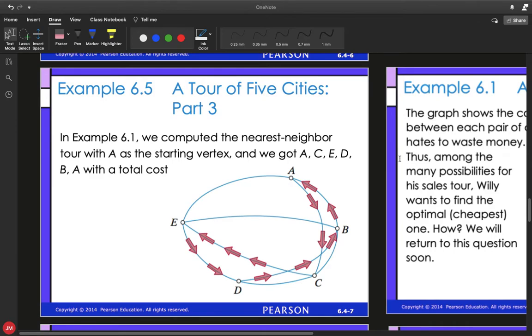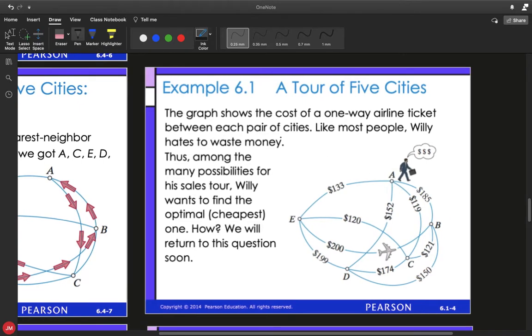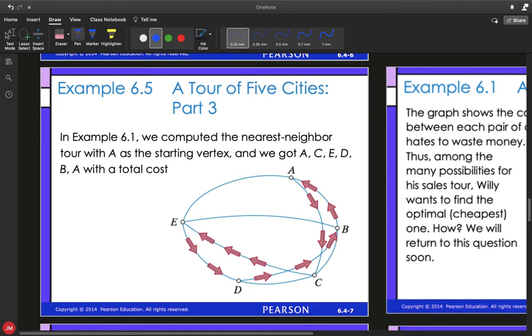Just a reminder, for nearest neighbor, what we ended up with was ACEDBA, looking at the weights: A to C, C to E, E to D, D to B, and B to A. And if you recall, I believe that cost us around $773. So that was a total cost of $773.